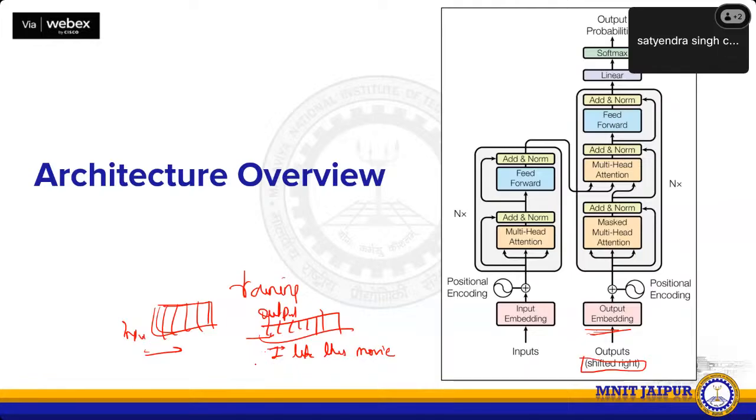It is shifted right, and a special token like SOS, the start of the sentence, is added here, and the sentence is shifted to the right. Suppose we have a length of 4, so the decoder input becomes SOS, I like this. That matters because we are going to use a masked multi-head attention network.